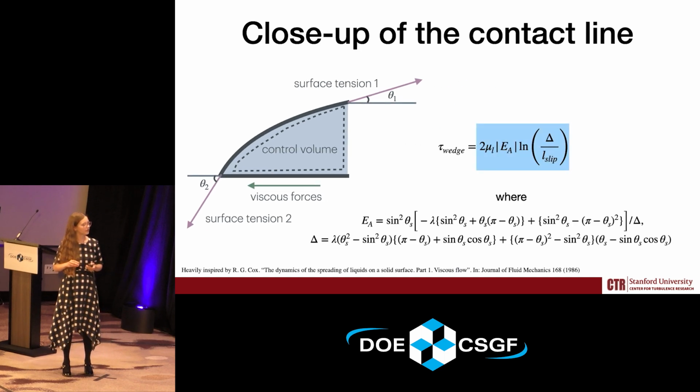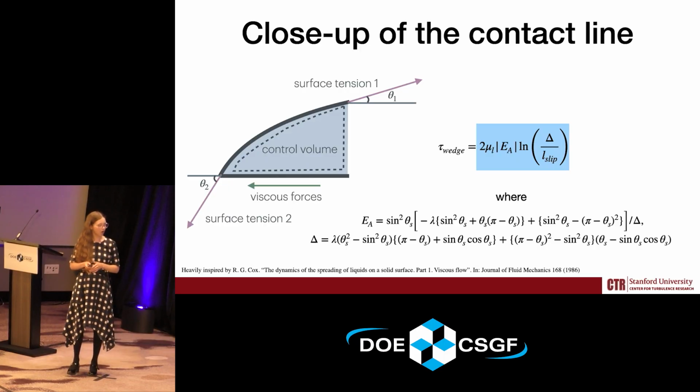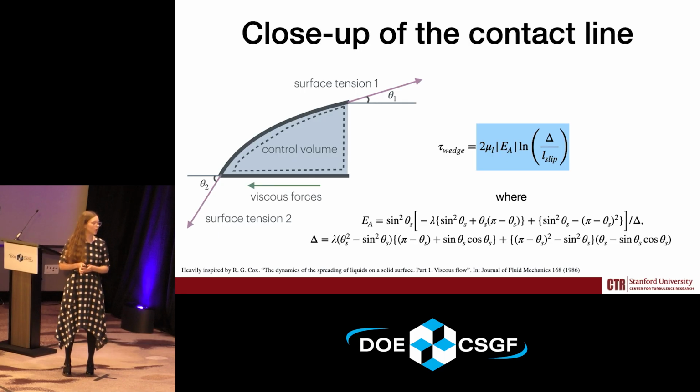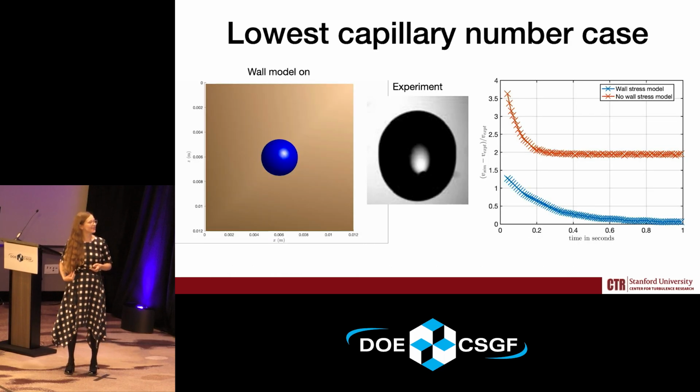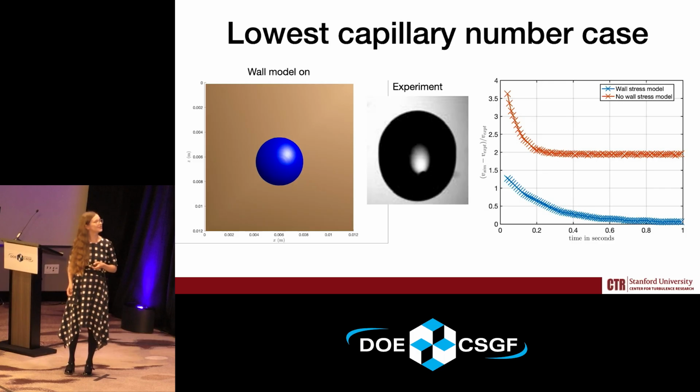So we derived a model for the subgrid viscous forces acting on the drop from the wall within this confined geometry. There's a bunch of very hairy trig functions involved. But then we plug this model into our simulation.